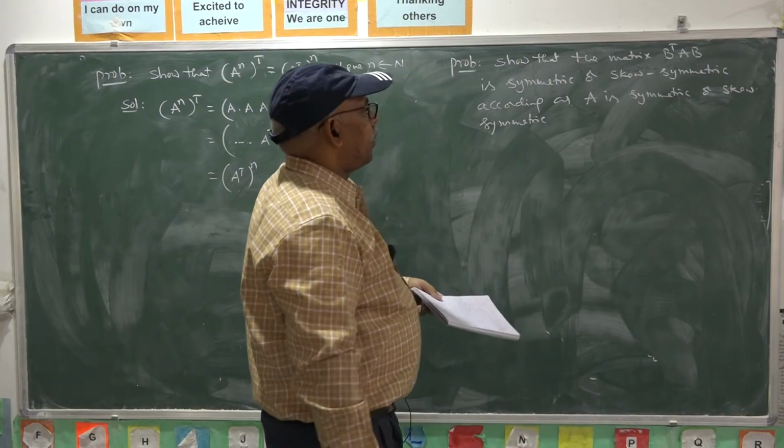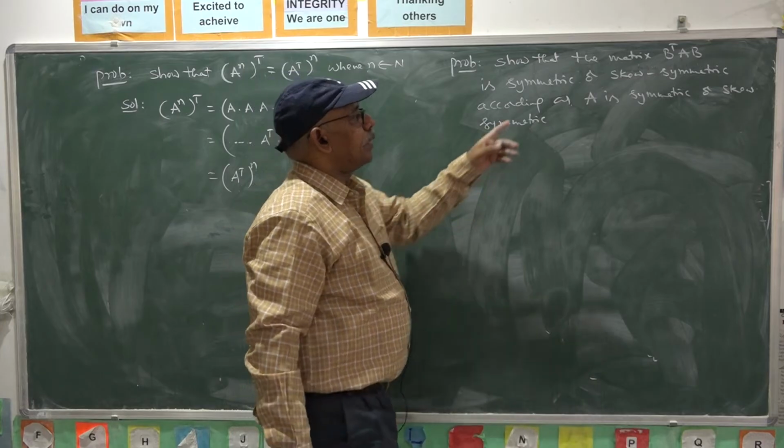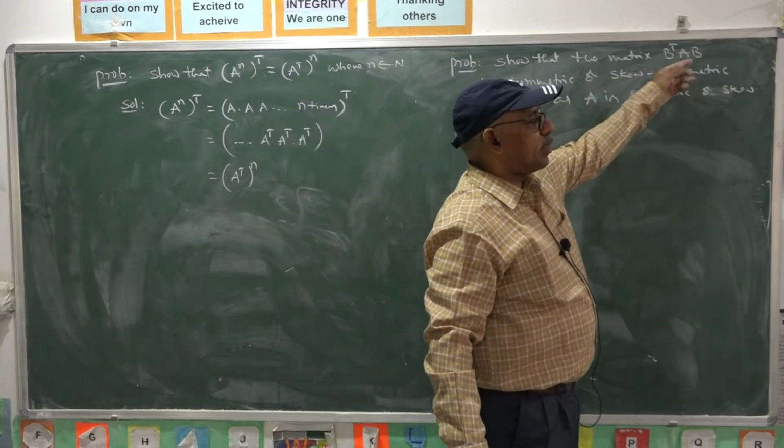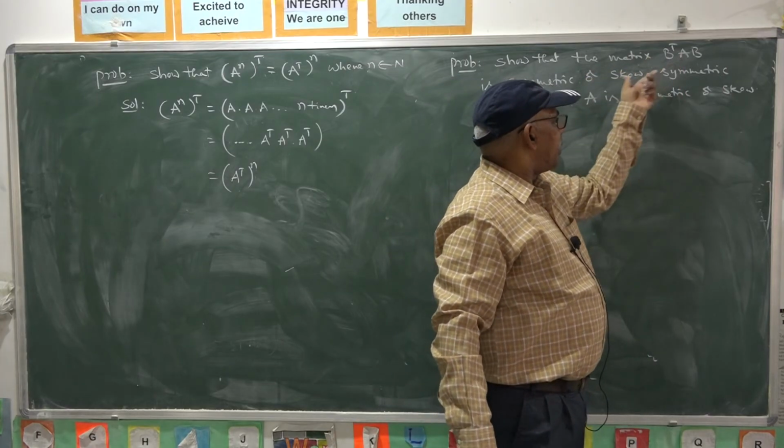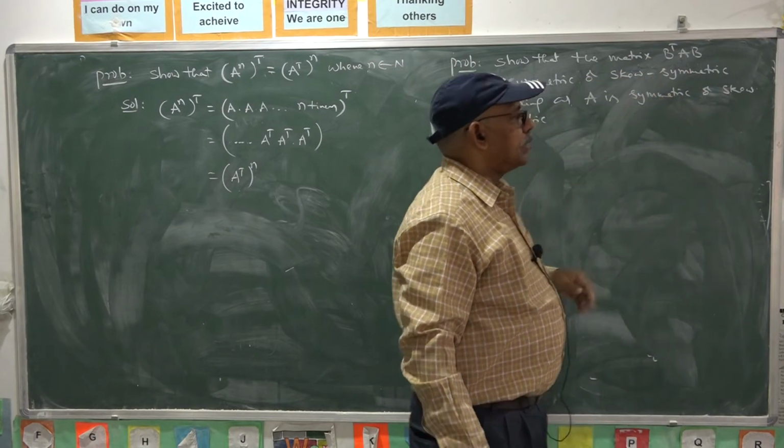The matrix B transpose AB is symmetric once A is symmetric, and B transpose AB is skew symmetric once A is skew symmetric.